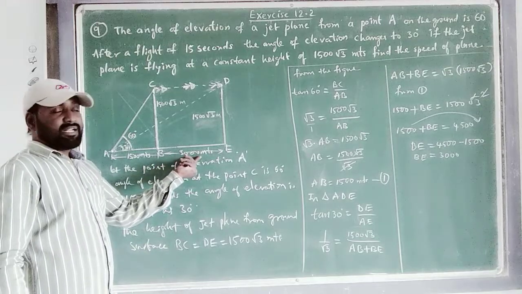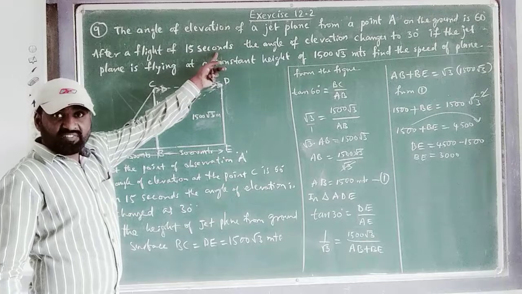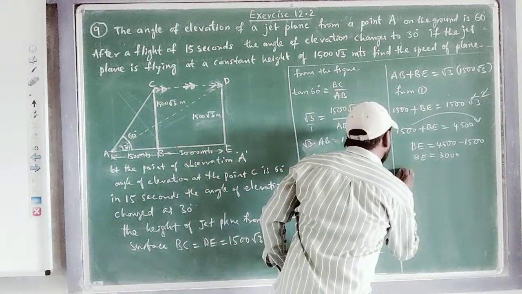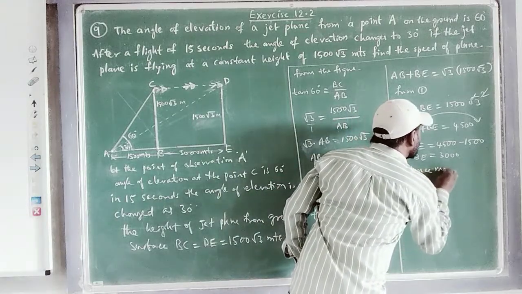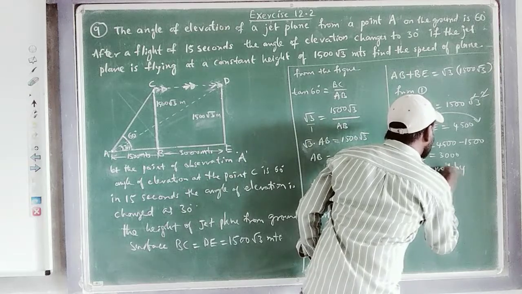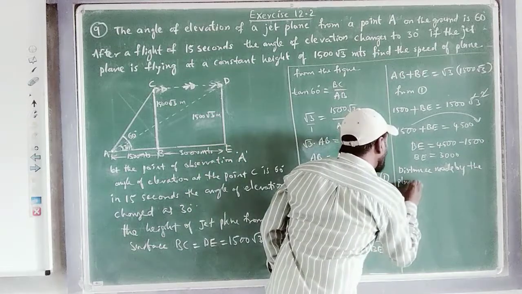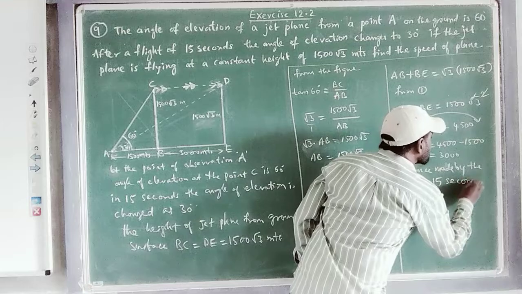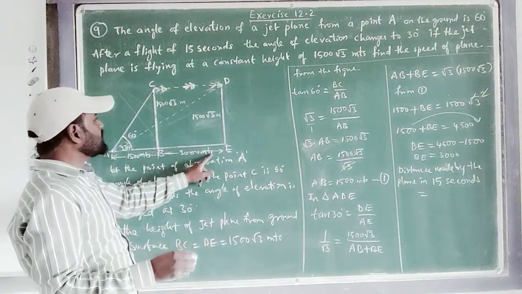But to make this much distance, how much time is utilized? 15 seconds. In 15 seconds, this much distance is made by the plane. Actually, we should not find the total AB plus BE.